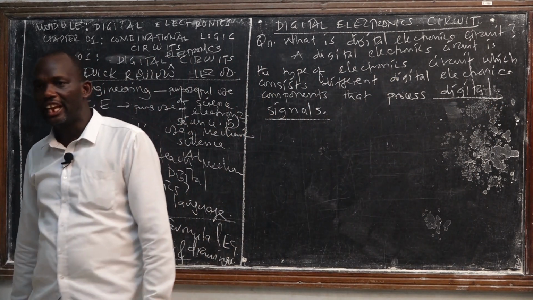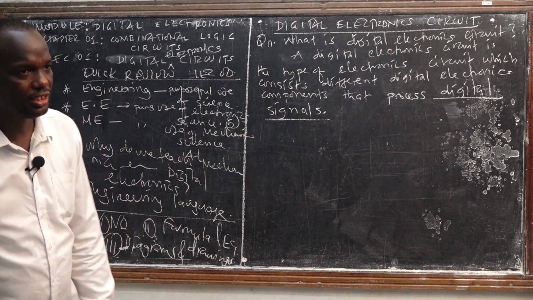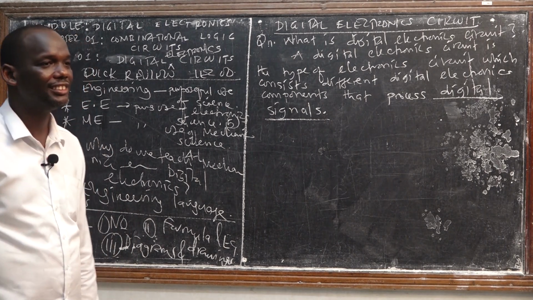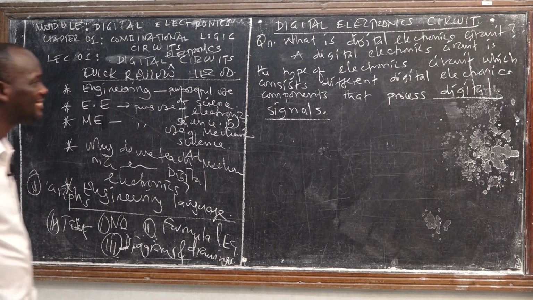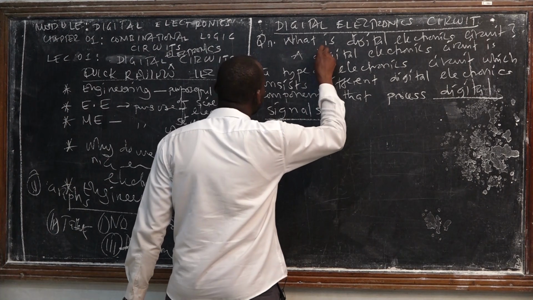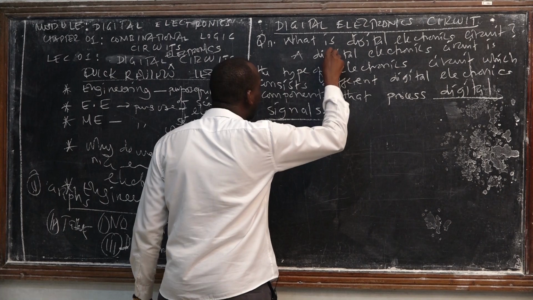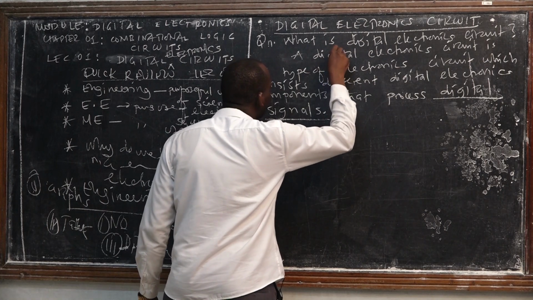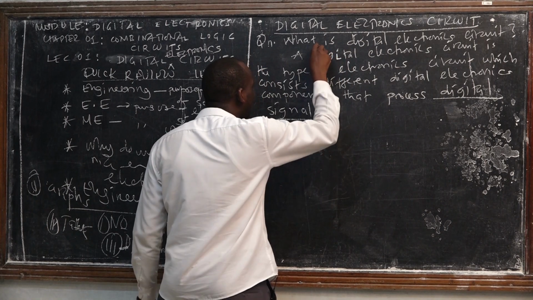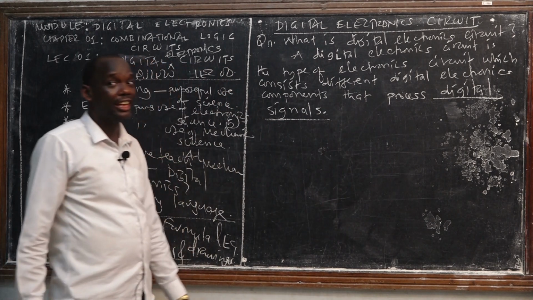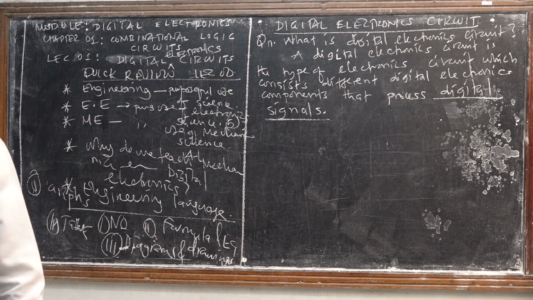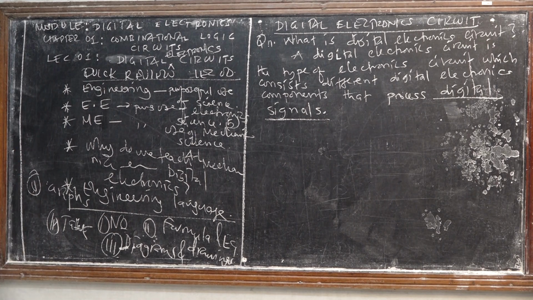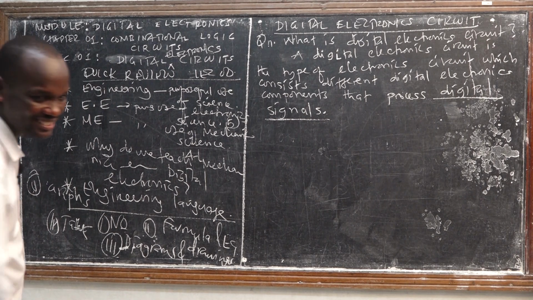So, a digital electronic circuit, say it happily. It's just like how you support Yanga Sport Club or Simba or Manchester. You support them with gladness, and nobody tells you to celebrate; you just celebrate from the bottom of your heart. Today I'm happy.